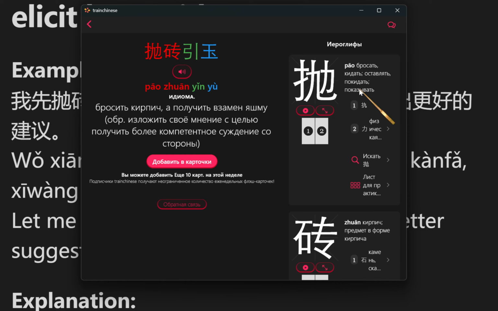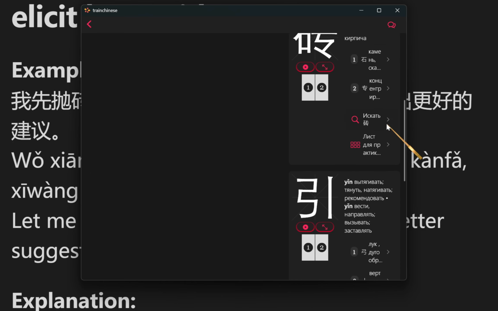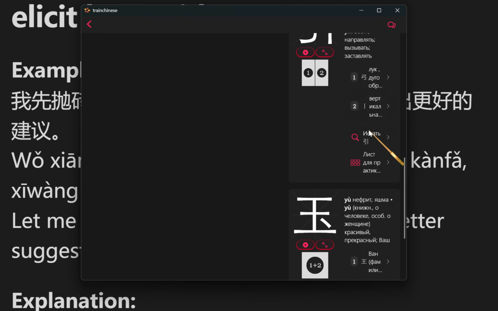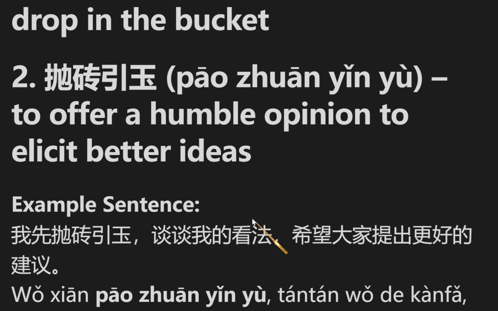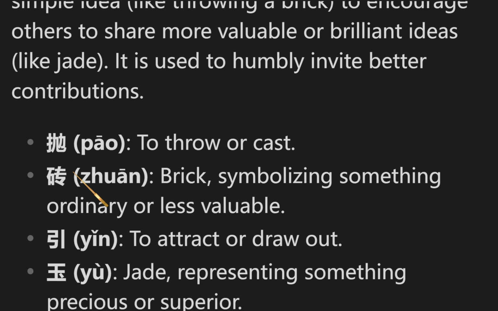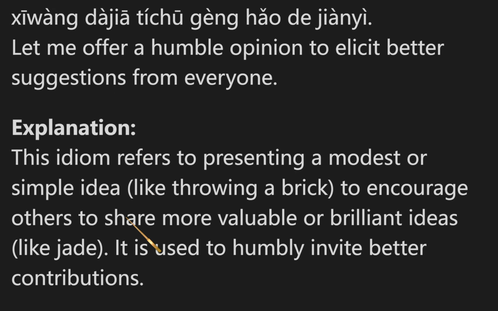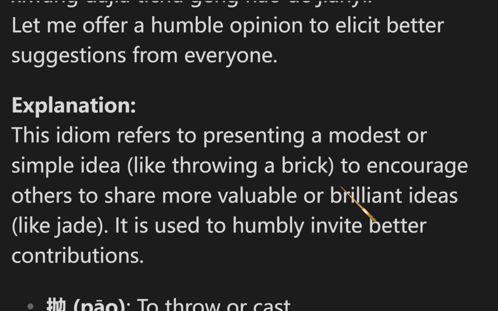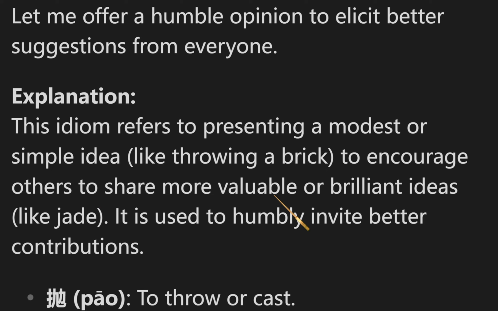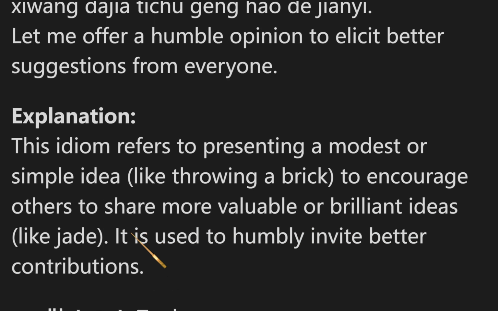Pao, to throw. Zhuan, it's a brick. Yin, to lead you to something very valuable. So to throw a brick to attract jade. Pao zhuan yin yu. This idiom refers to presenting a modest or simple idea, like throwing a brick, to encourage others to share more valuable or brilliant ideas like jade. It is used to humbly invite better contributions.